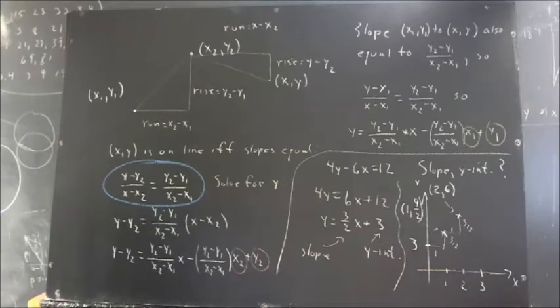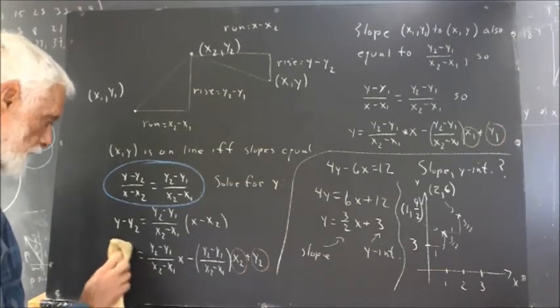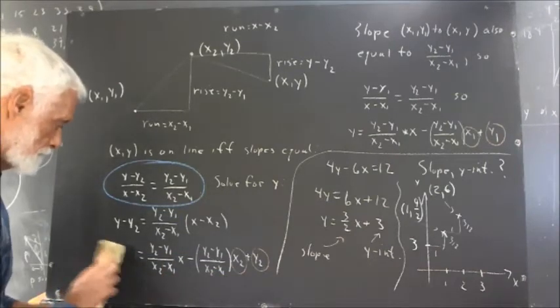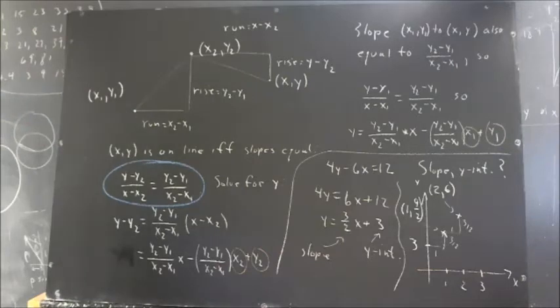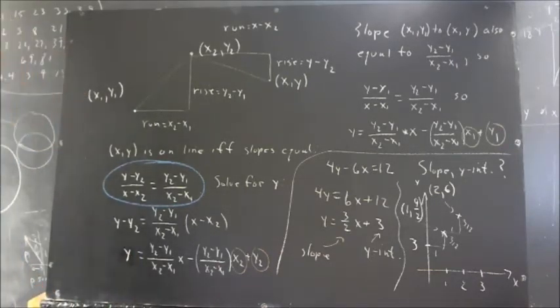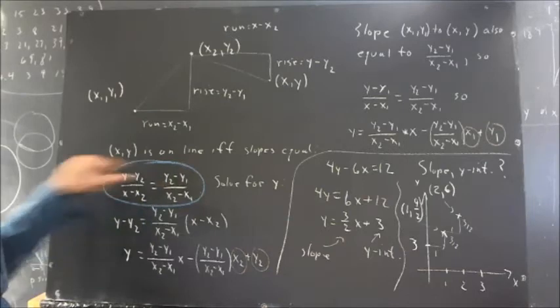I shouldn't have had the y2 over here because I've added it to both sides and gotten a y2 over here. So let's just obliterate that to the extent that I've been able to do so. And there's our solution. Okay, now that isn't really necessary because this form suffices.